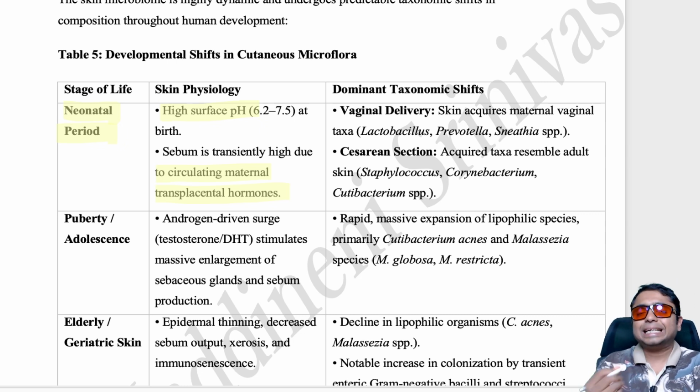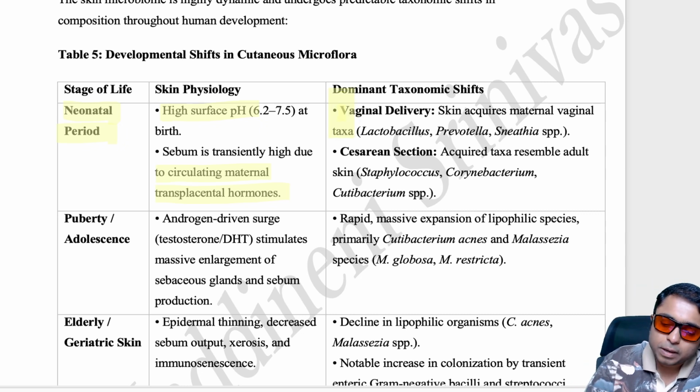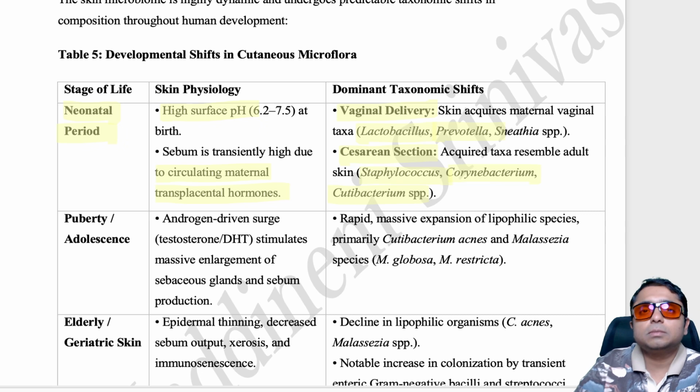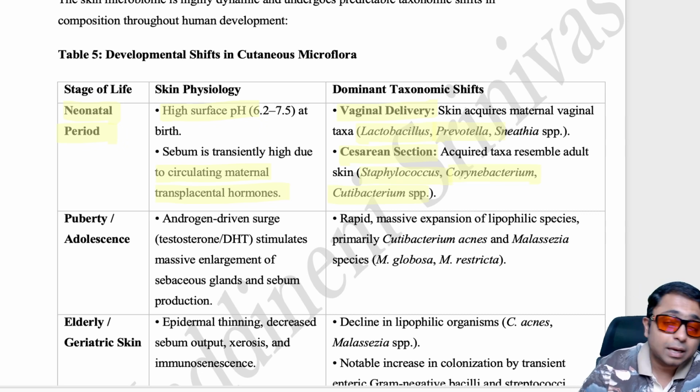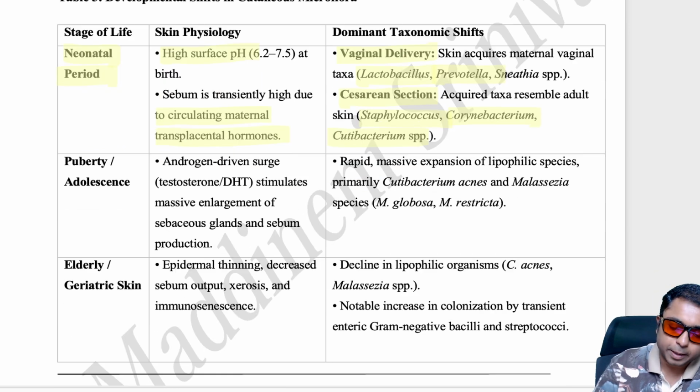If the child is delivered through normal vaginal delivery, skin can acquire Lactobacillus and Prevotella, which are vaginal flora. If it is cesarean section, then Staphylococcus, Corynebacterium and Cutibacterium species will predominantly be present in the skin microbiome during the neonatal period.